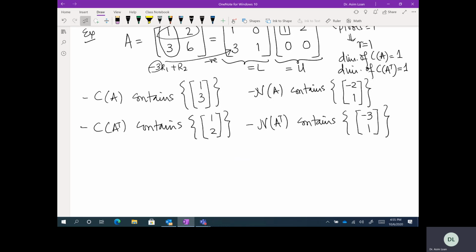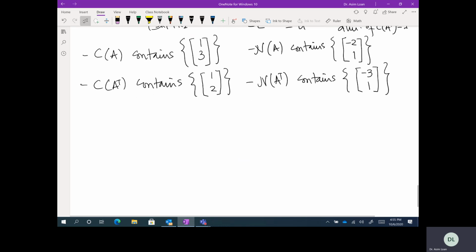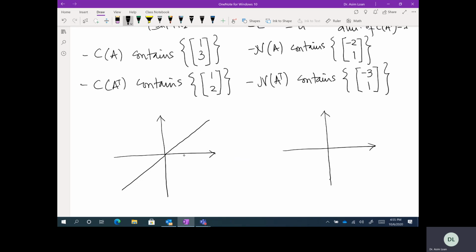Let me draw this picture. Actually, m is equal to n is equal to 2 in both cases. So 1 and 2: this point is 1, this point is 2, so there's a point over here.